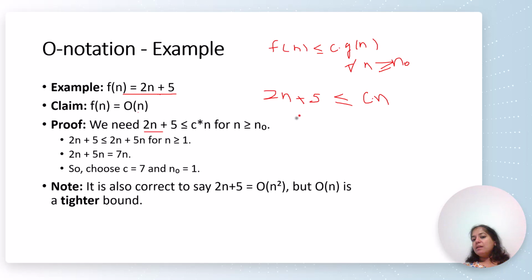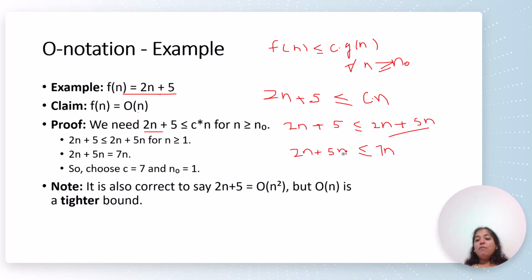We can say that 2n plus 5 will be less than or equal to 2n plus 5n, which means 7n. So 2n plus 5 will always be less than or equal to 7n for all values of n greater than or equal to 1.